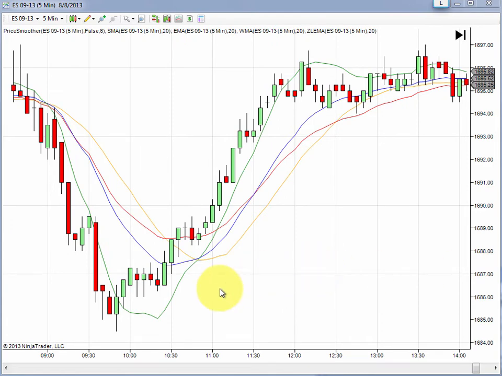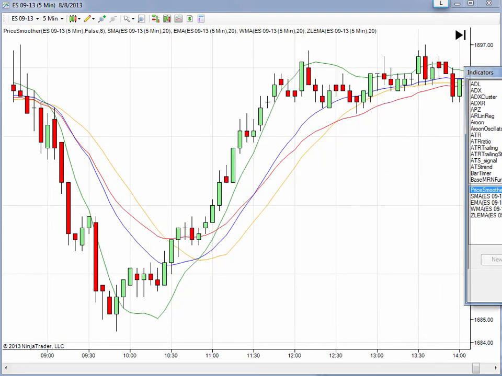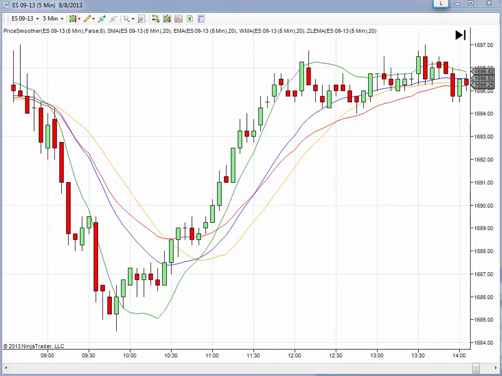Now, we see a couple of different things going on. We see that, in fact, the zero lag indicator has less lag than the others, but we still see right down there that the zero lag indicator actually has a lag right there.